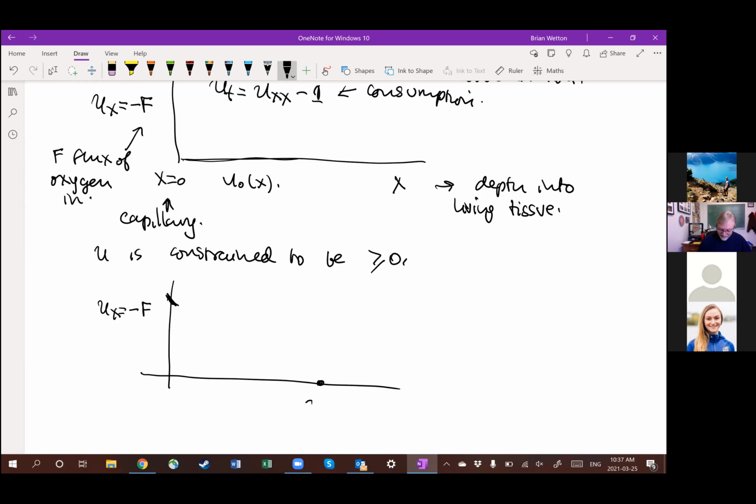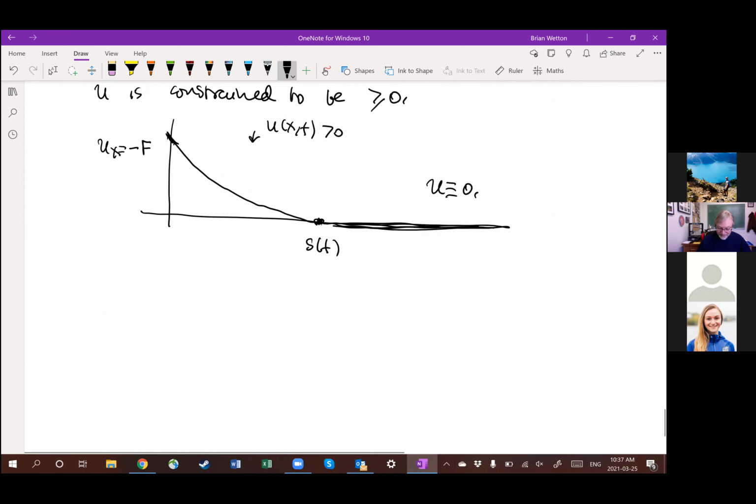And I'm going to have a free boundary. Here's where the free boundary is, to where these poor guys are oxygen starved. The oxygen is depleted out here. So there you go. U is identically equal to 0 outside of here. And then in here, I'm going to have U of X and T being positive, and I'll have a shape something like this.